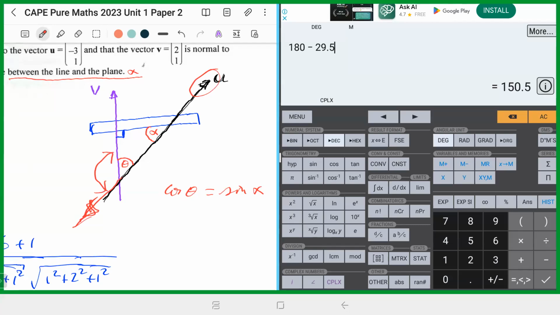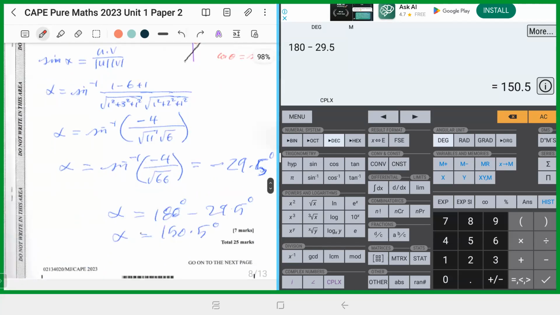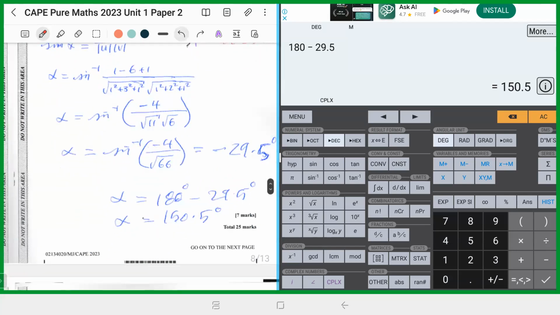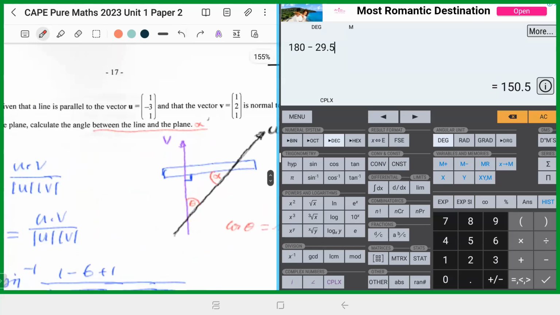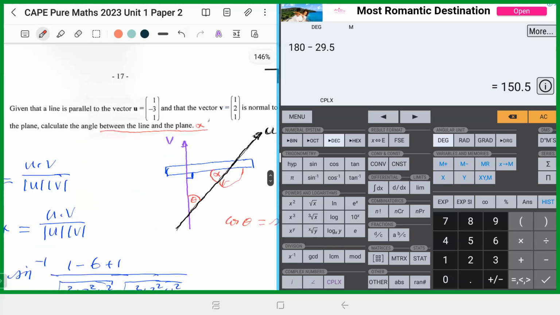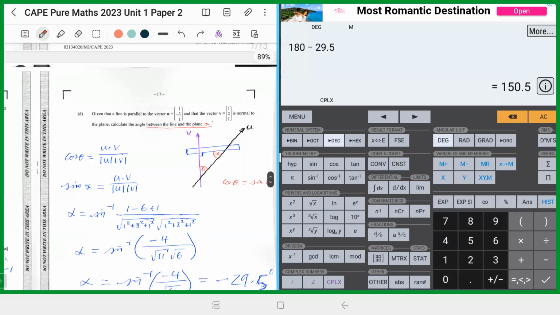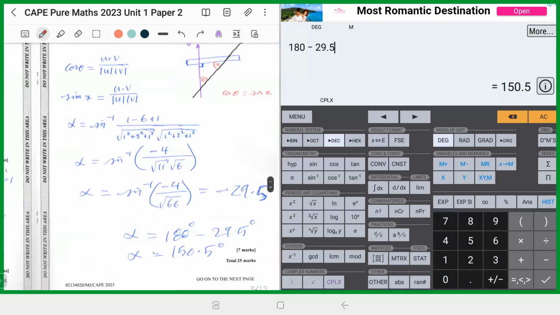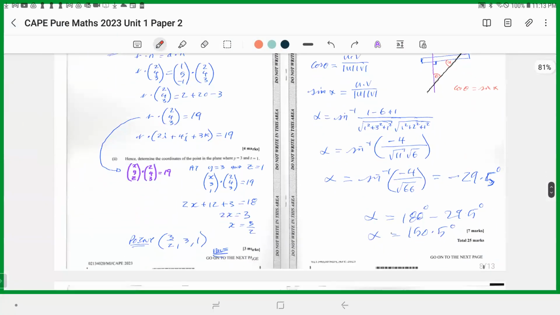I think they'll accept either one, 29 or 150.5. They didn't say acute or anything like that. So the answer that we got could be that angle over there, between the vector and the plane. So that is that question. We can give what the numbers give us.